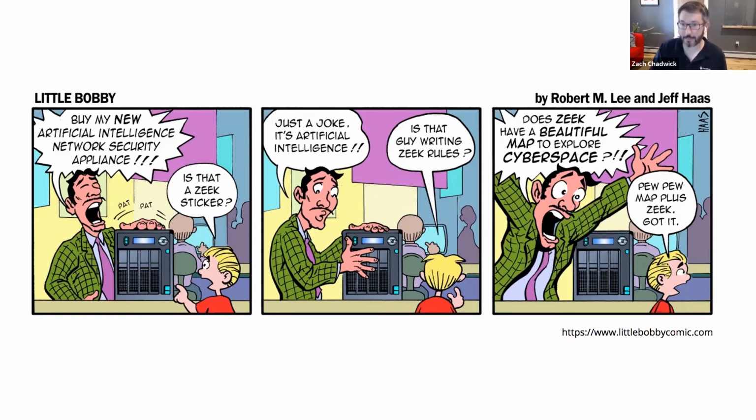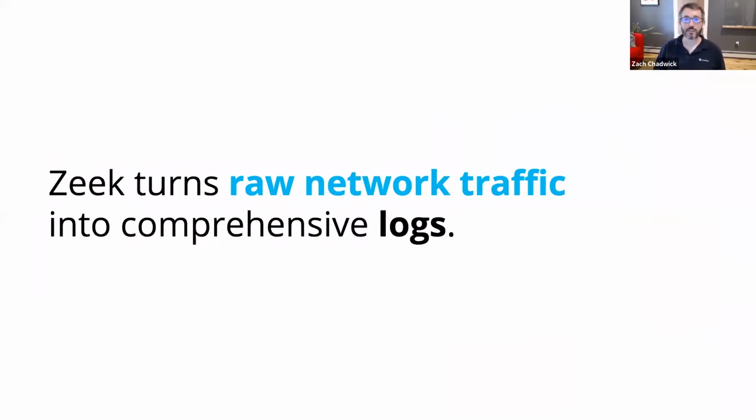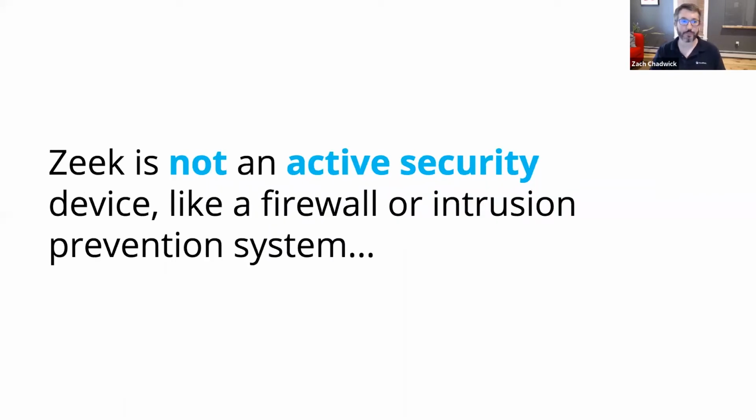So moving on. Basically, Zeek turns raw network traffic into comprehensive logs. That's its superpower. It can watch packets as they go across the wire. It can analyze a file after the fact, and it translates everything that it sees going on in a packet capture or on a network into metadata logs that can then be stored, analyzed, shared, and it's really, really good at those things.